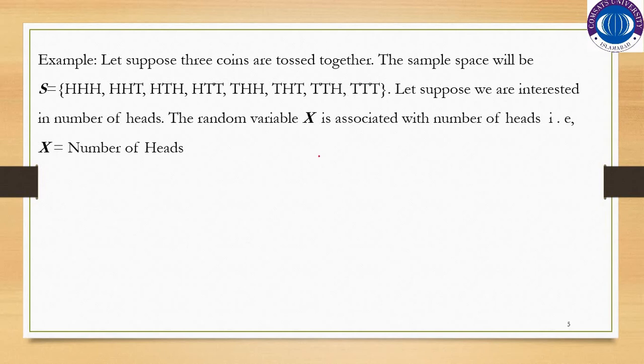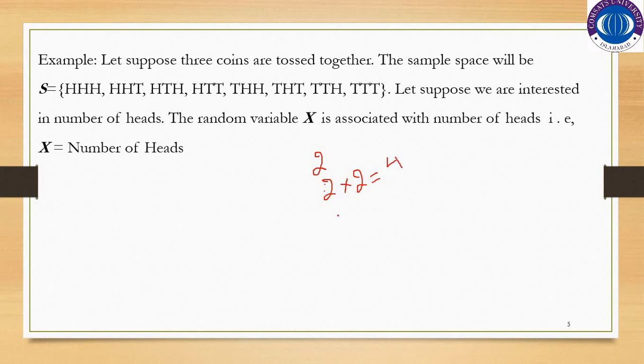As we know, if we toss a single coin, there would be 2 possible outcomes. If we toss 2 coins, there would be 2 cross 2 is equal to 4 outcomes.